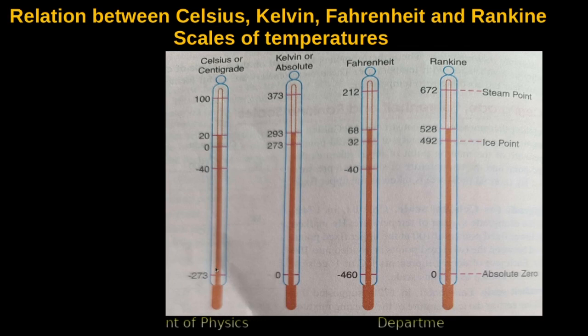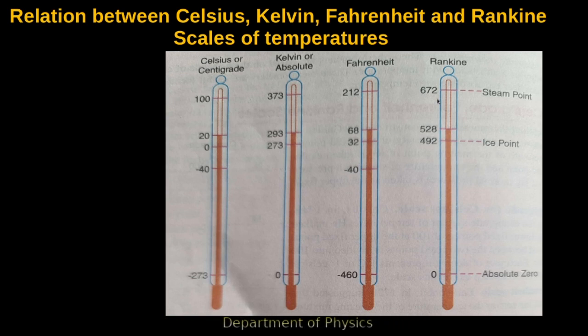In the Celsius scale, the range is minus 273 to 100. In Kelvin, 0 to 373 absolute. Fahrenheit, minus 460 to 212. Rankine, absolute 0 to 672, that is the steam point.